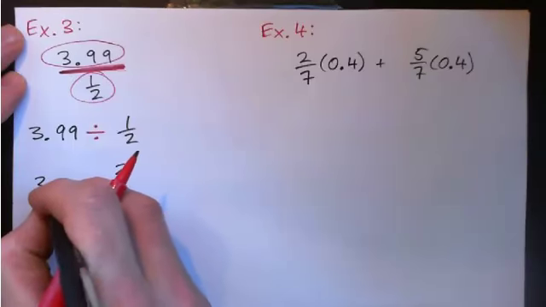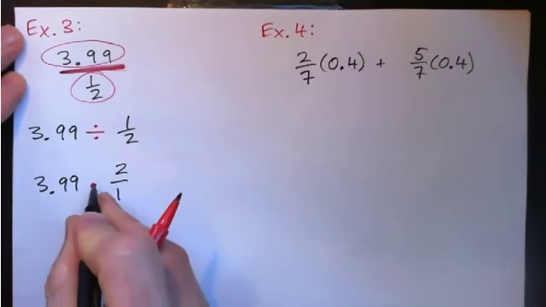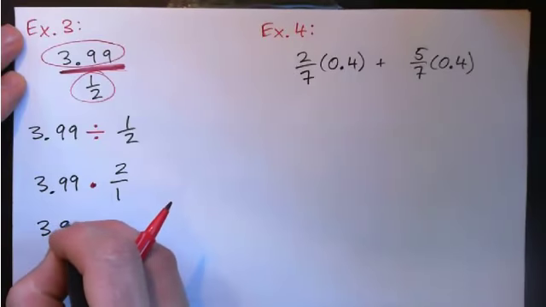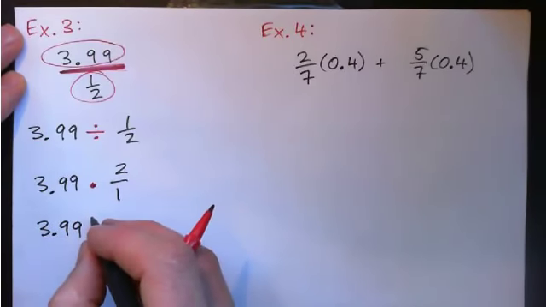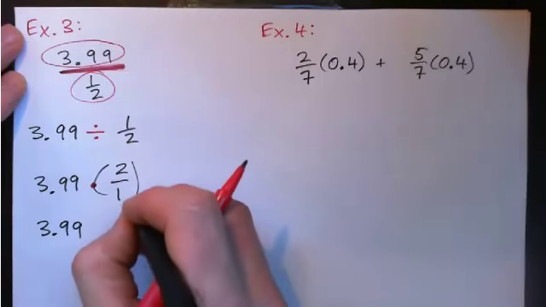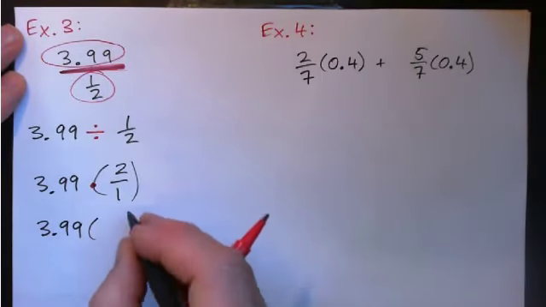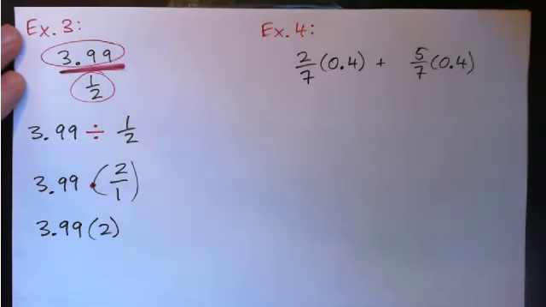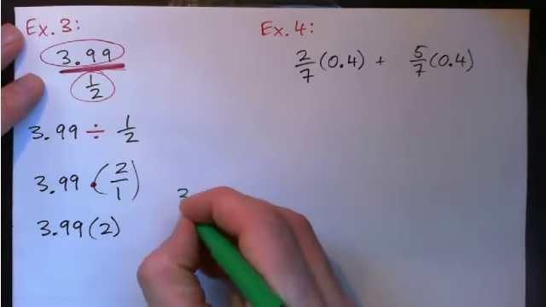So it's the same thing as 3.99 multiplied by 2 over 1. Now what's 2 over 1 anyway? 2 over 1 is 2. So 3.99 times 2. Okay, we can do that, can't we?